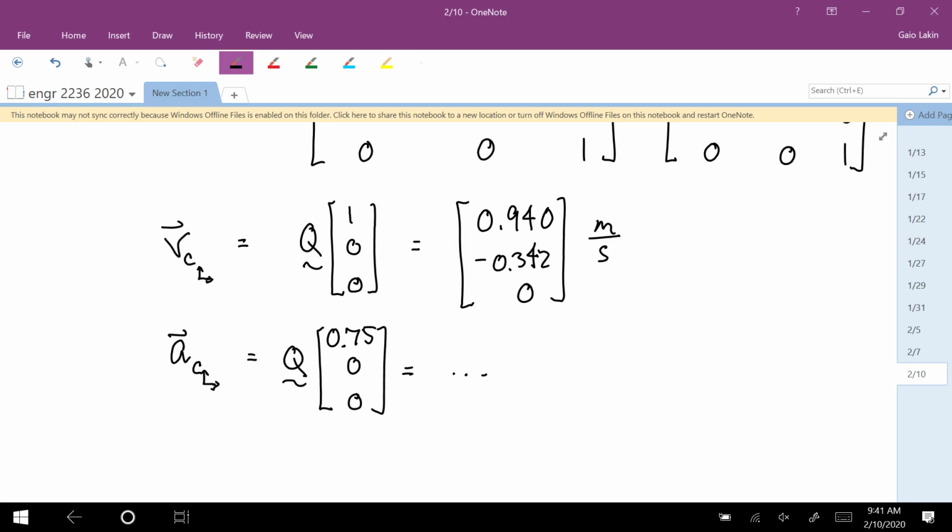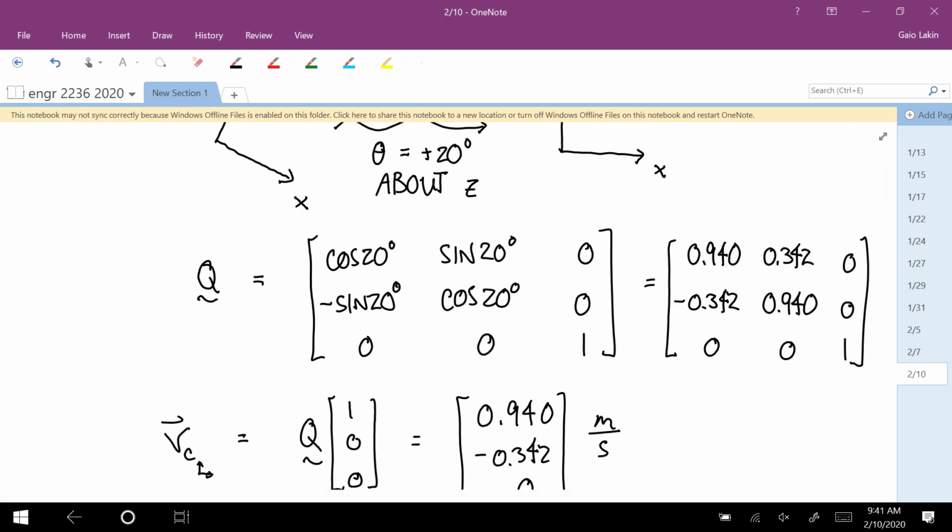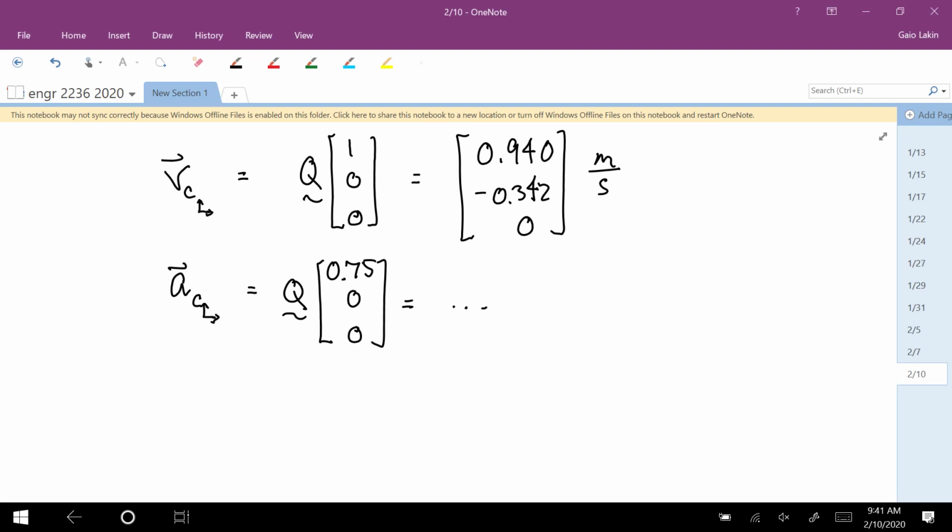160 degrees? No. 340 would not work. 380 would work.